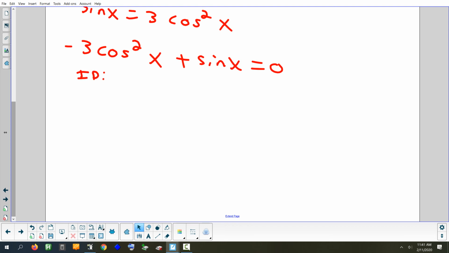All right, so the identity we're going to use is sine squared plus cosine squared equals 1. What's cosine squared? 1 minus sine squared. Plus sine x equals 0.